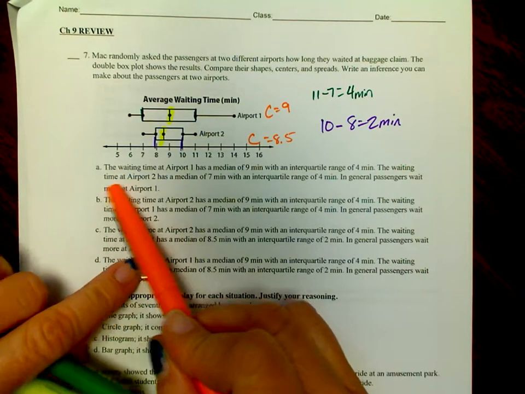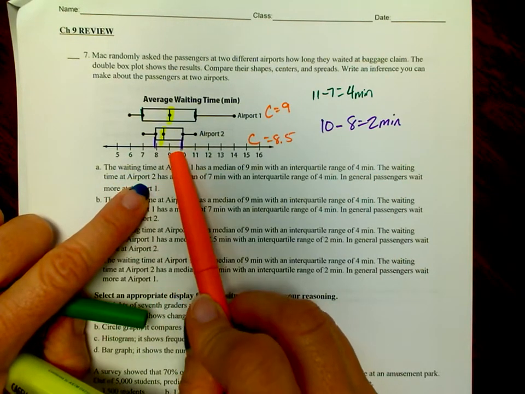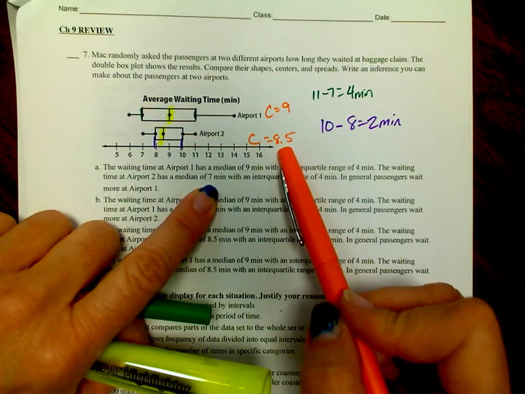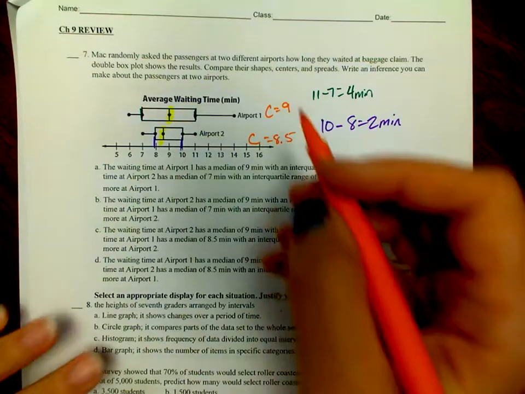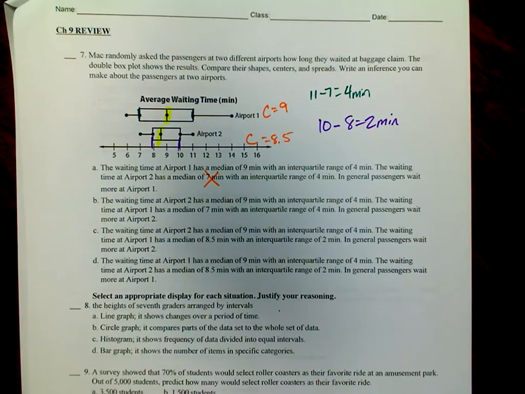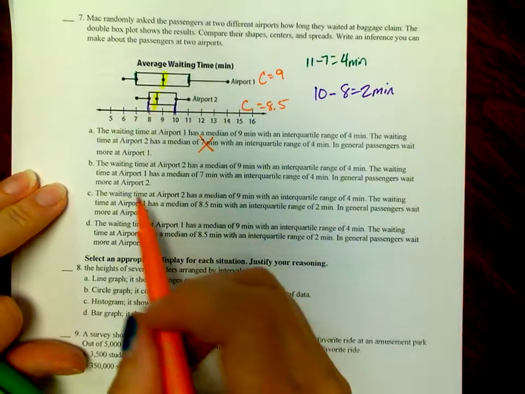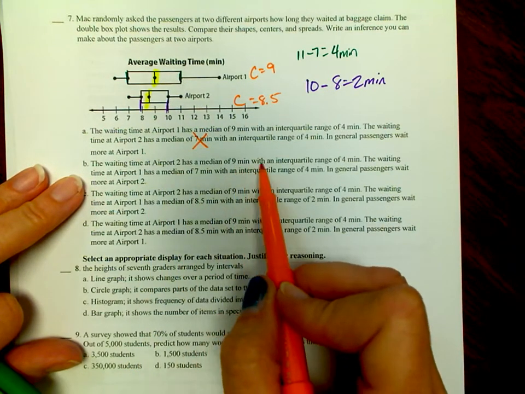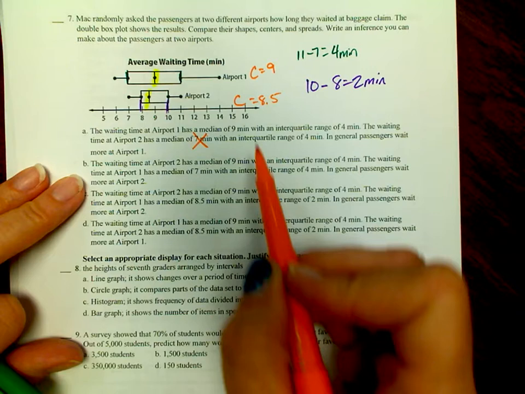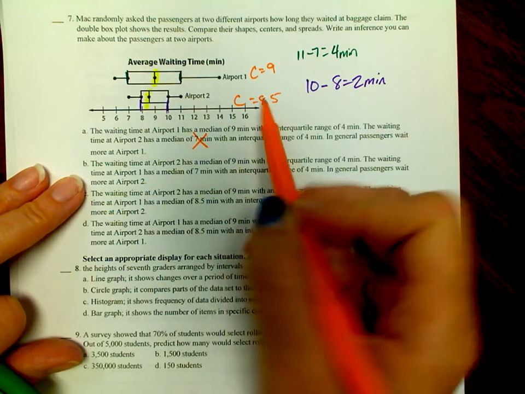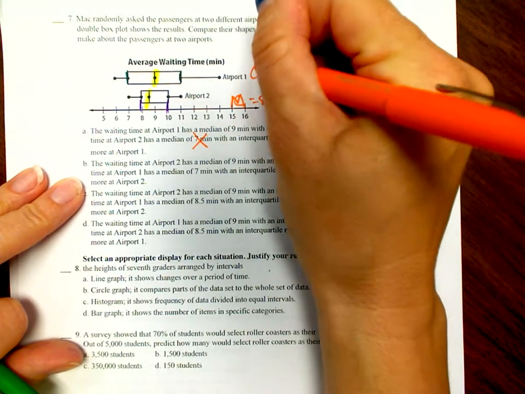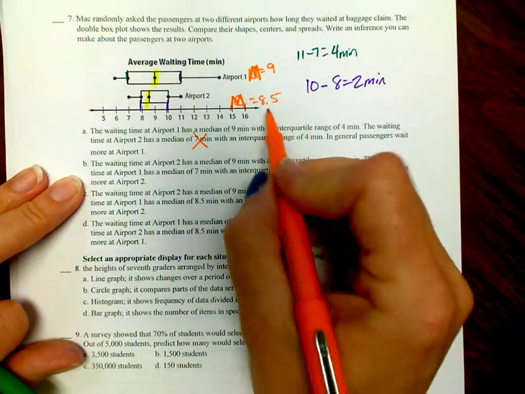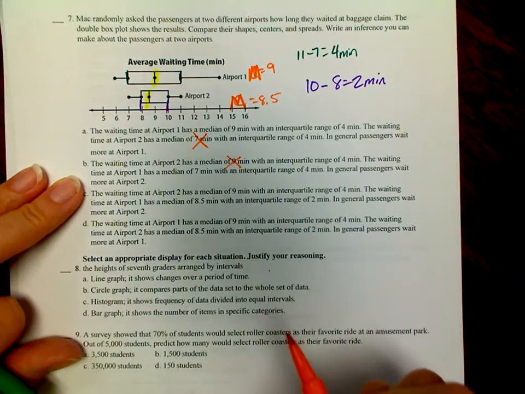The waiting time at airport 2 has a median of 7. Well, we found the median, the center, to be 8.5, so that's wrong. The waiting time at airport 2 has a median of 9. I put a center here, it should be median, so you don't get confused. Median was not 9. That's false.